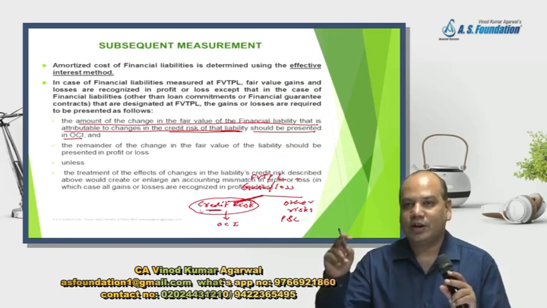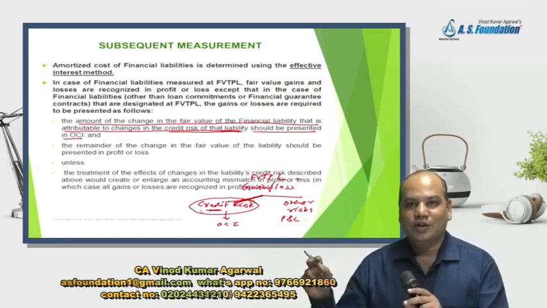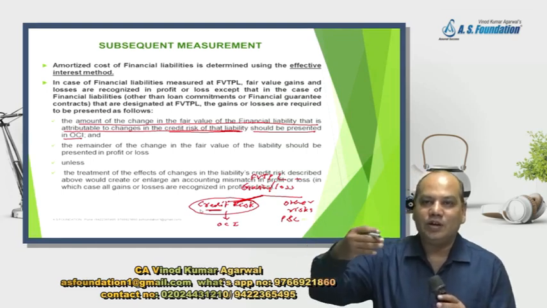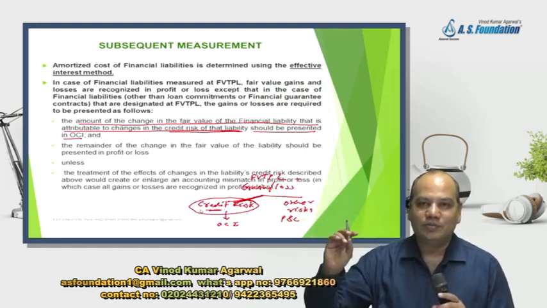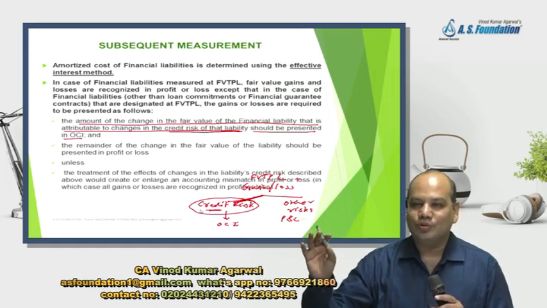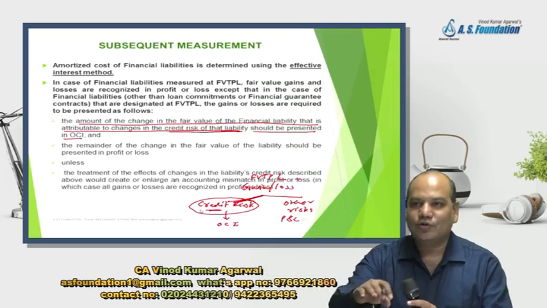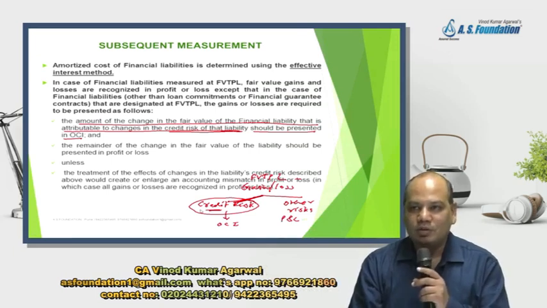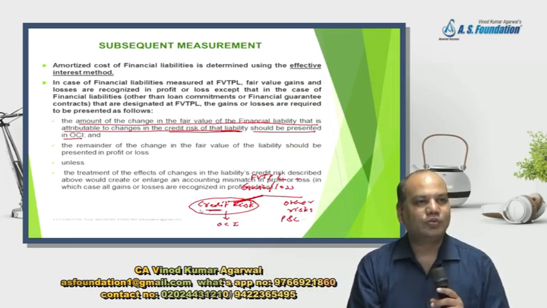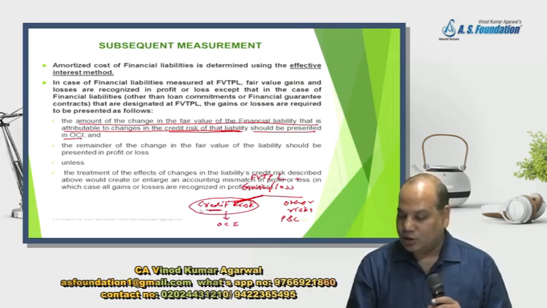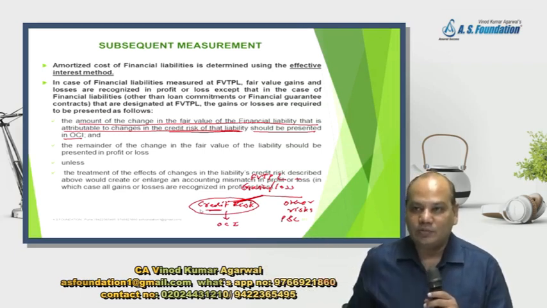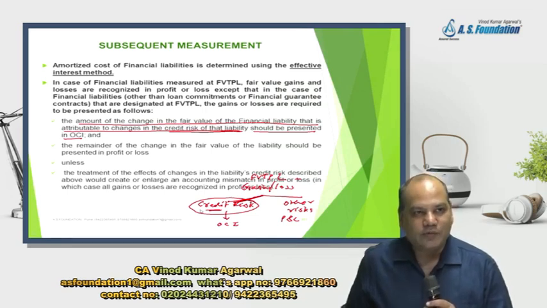If by showing credit risk in OCI there is an increase in accounting mismatch, then don't show credit risk in OCI, transfer that risk also to the profit and loss account. If showing it in OCI creates or enlarges an accounting mismatch, then you can show the entire fair value change including credit risk in the profit and loss account.